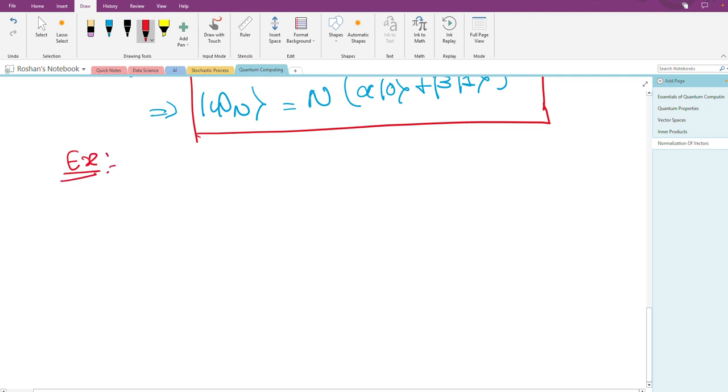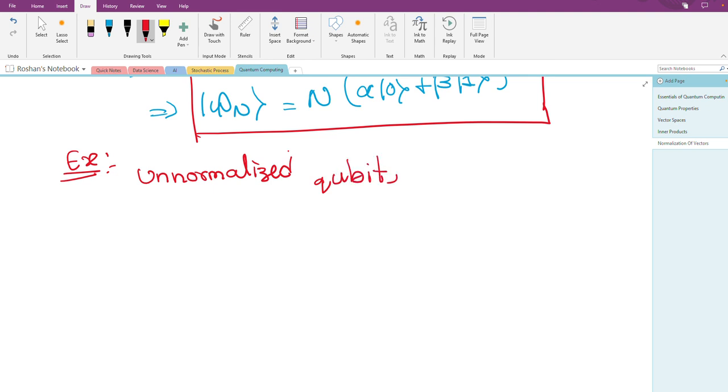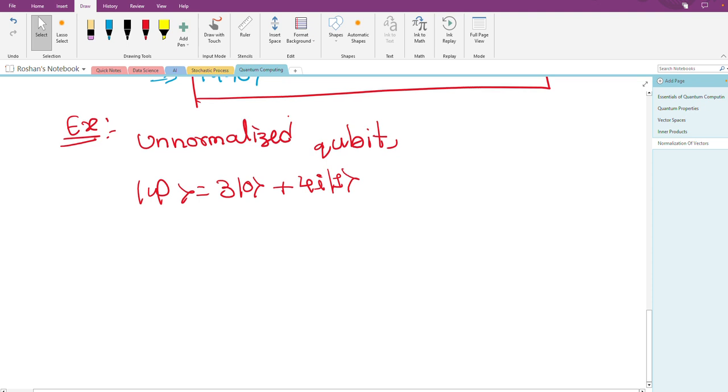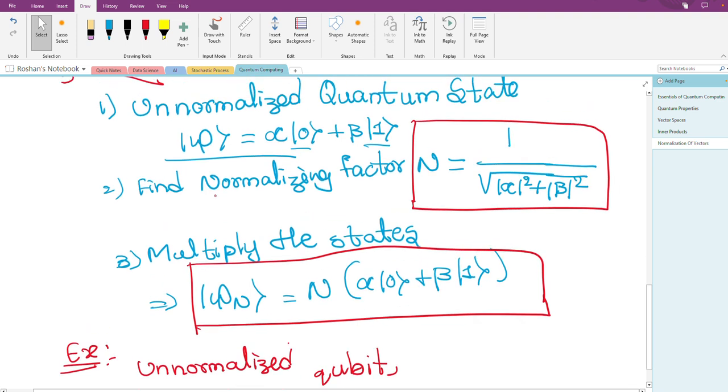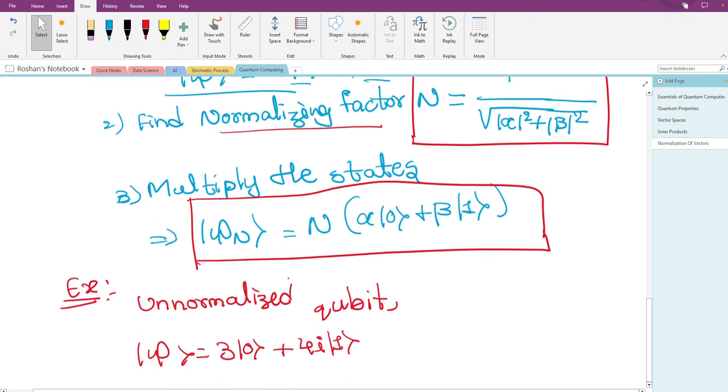So we'll take an example. Let's say we are having an unnormalized qubit psi equals 3 ground state plus 4i excited state. What is the first step? We need to find the normalizing factor n.